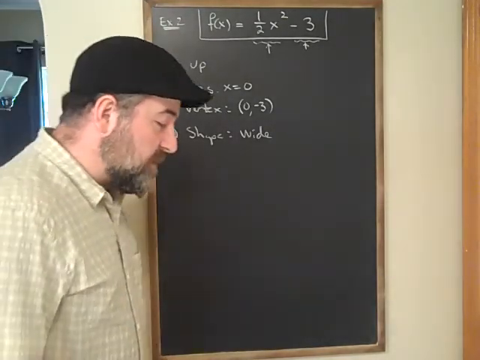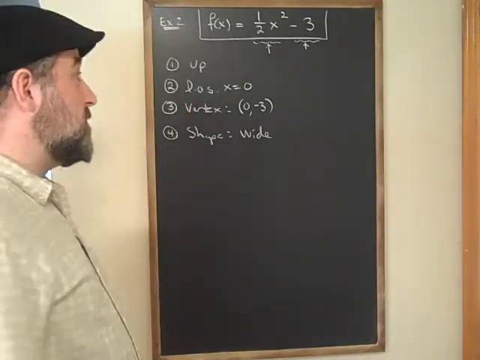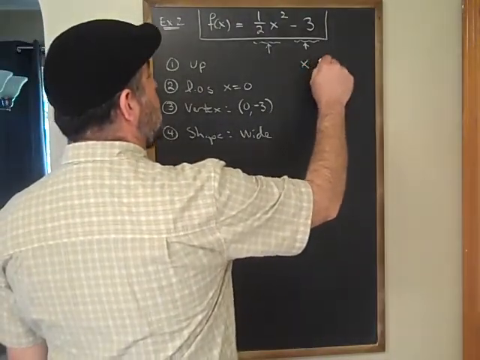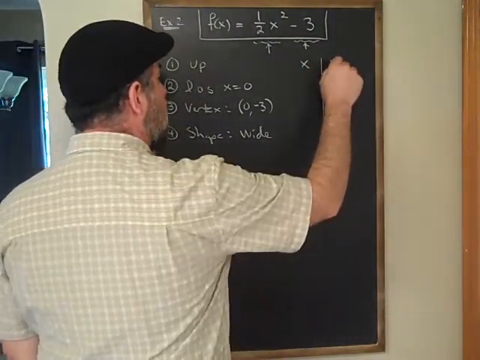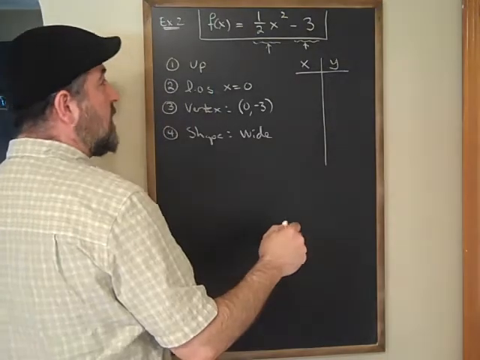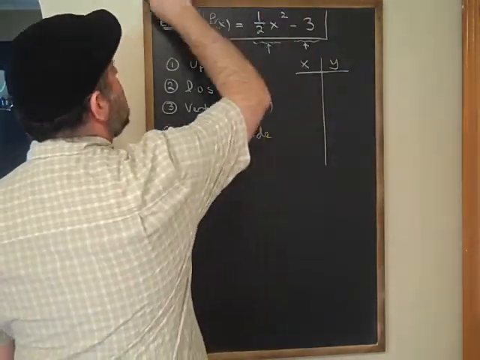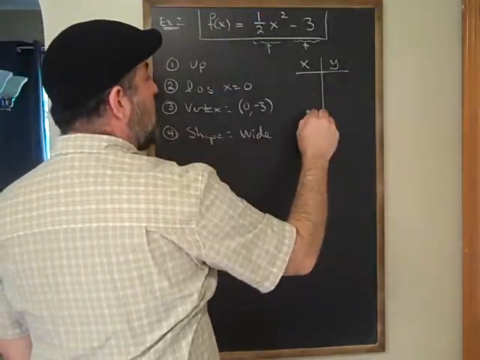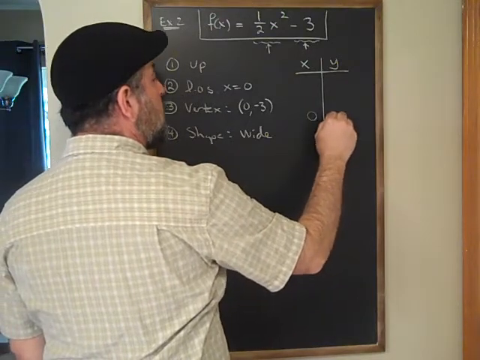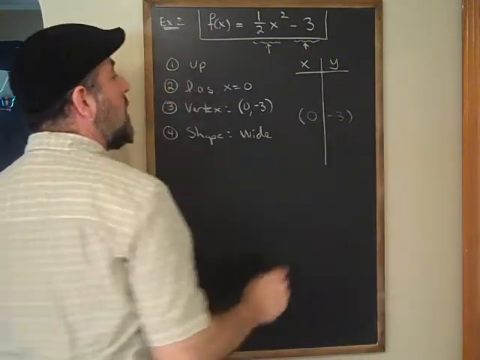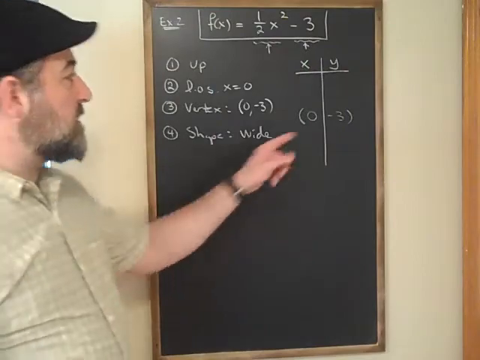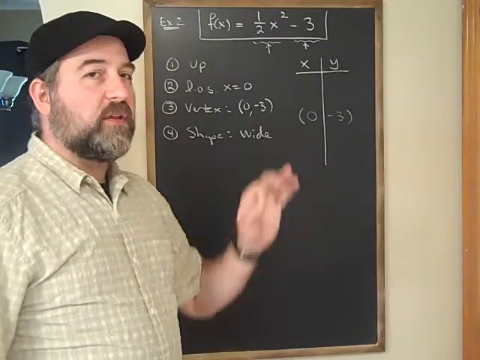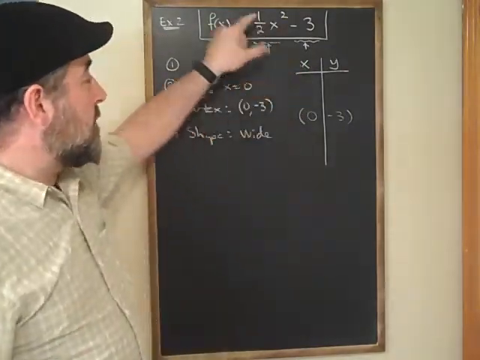So we've got all the properties of this, and now what we're going to do is make a table of values just so we can make our sketch a little more accurate. So I'm going to set up my table of values right here. I'll switch to green. I'll put the vertex in the middle like I normally do, 0, negative 3. And now as I start picking points to the right and to the left, I want to realize what's going on here.